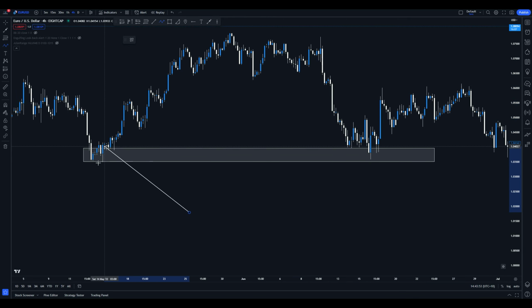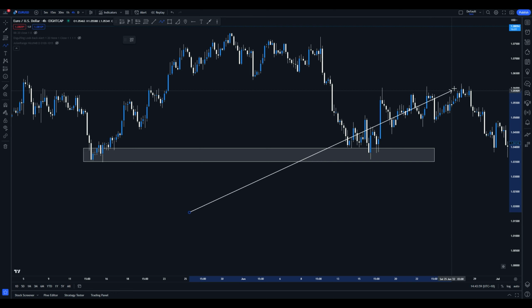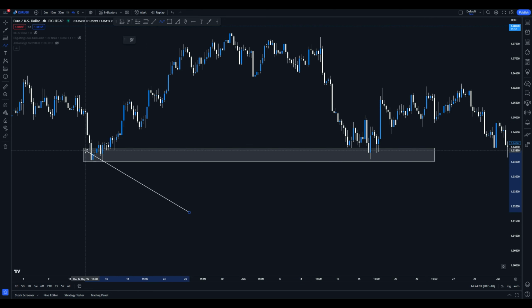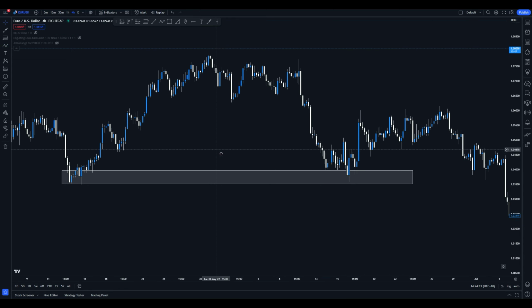It came up, traded for a couple of weeks, came back down, hit that area that's only been tested once here before, and it rejected and kept moving to the upside. And as you can see with the box markup, we have a lot more tests in this area, here and here and here, whereas you would have missed all these higher ones with just a single line markup.